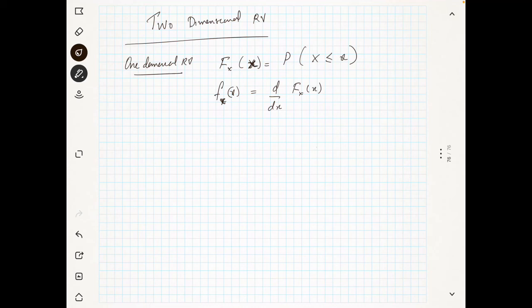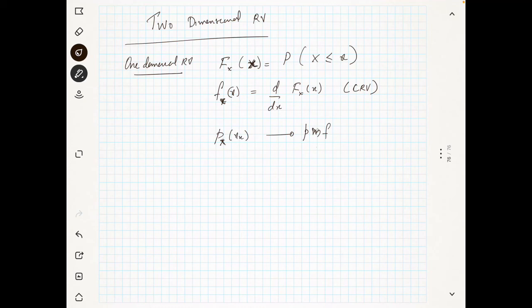This is for the continuous random variable, and for the discrete random variable we have the probability mass function, which is represented as px of xk. I hope this is clear to you.